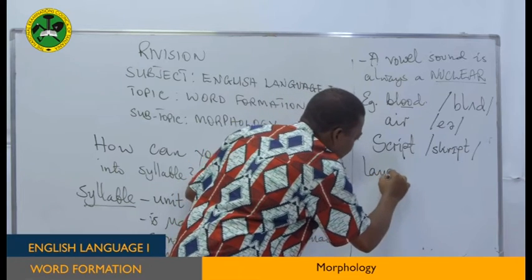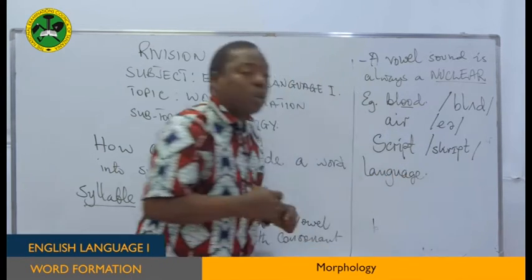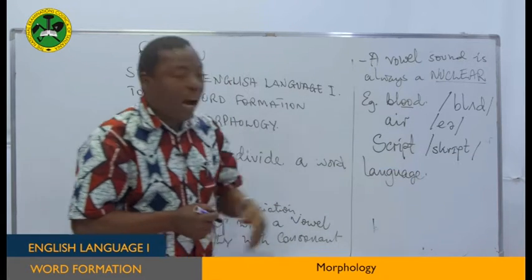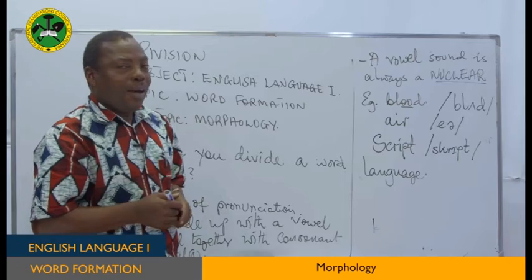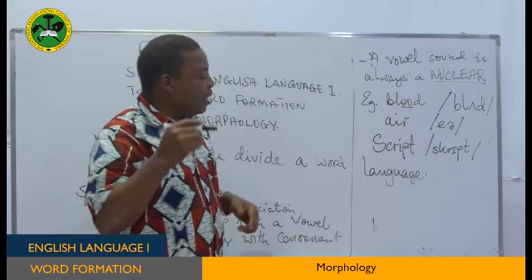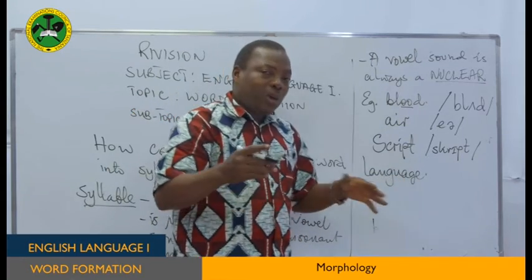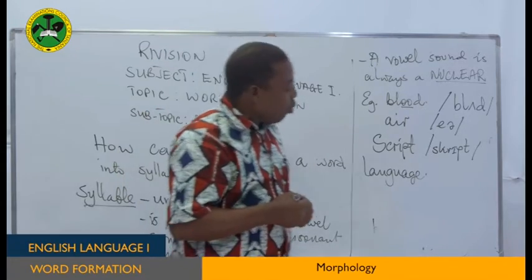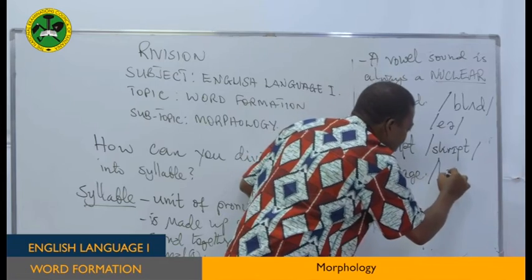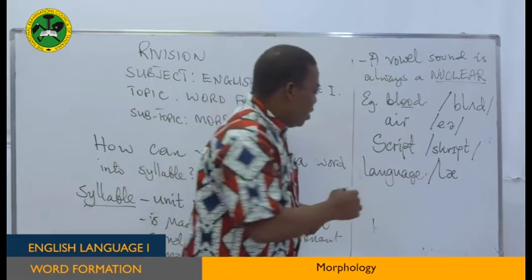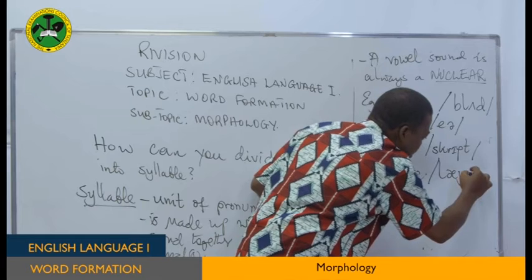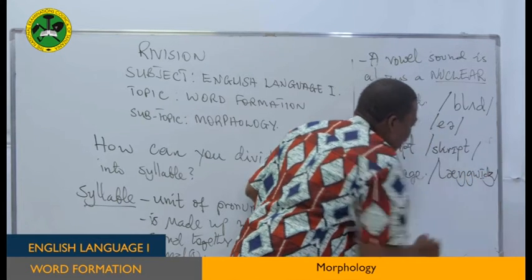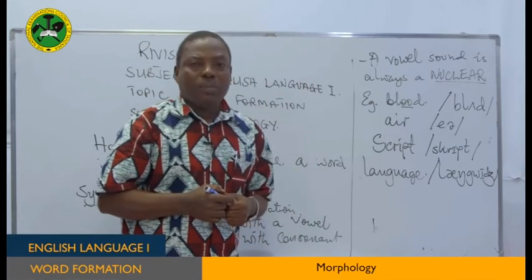Look at this word, language. How many syllables do you have there? As I said, don't be tempted by looking at the spelling of a word. That could tell you how many vowel letters you have, but that would be wrong. Try to look at how it is pronounced. One can pronounce this as language.